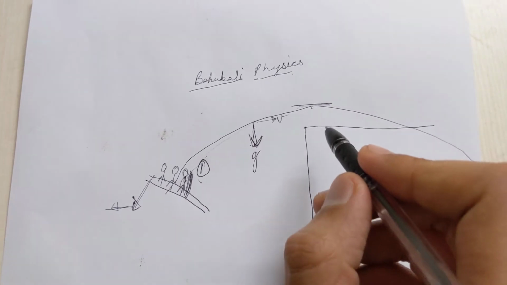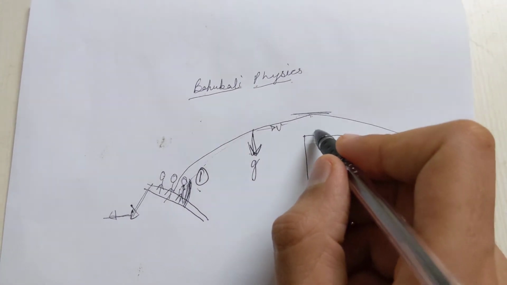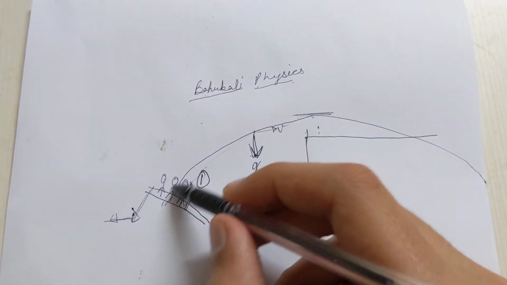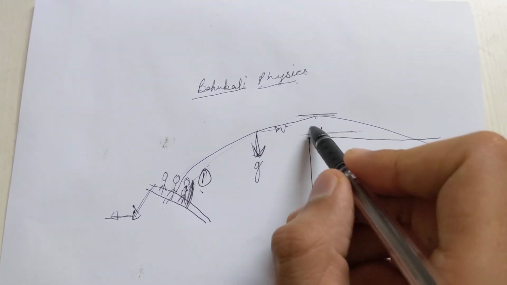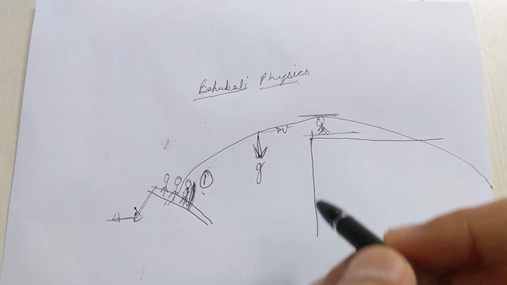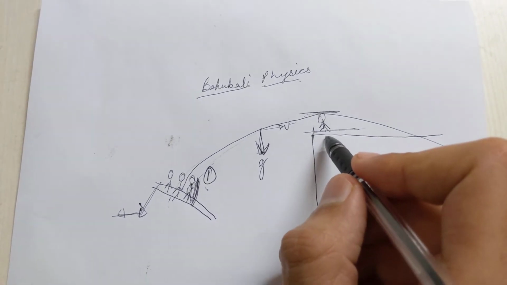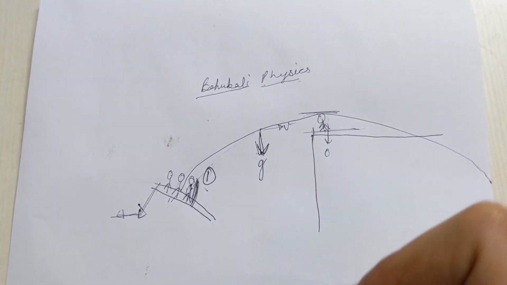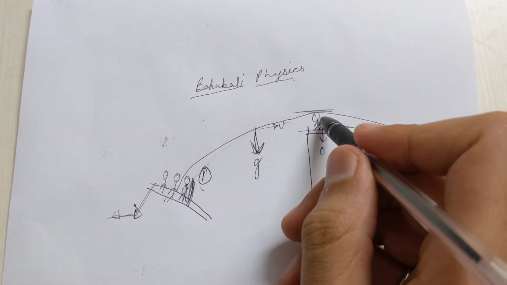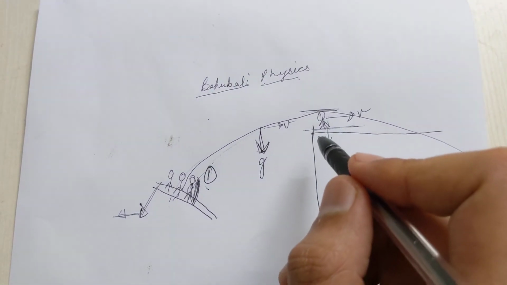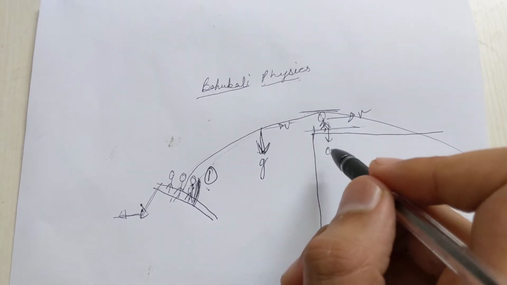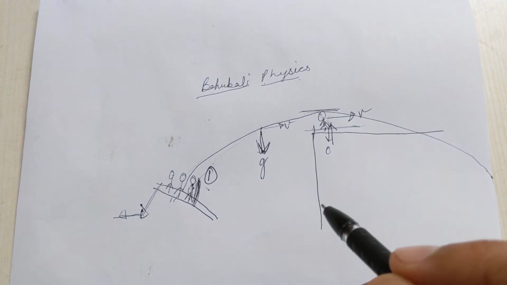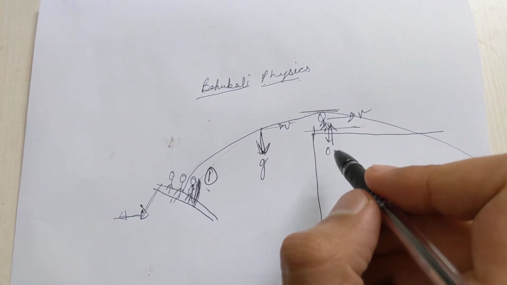So the first thing is, let's say we throw at an angle where they land just at the top of the fort, somewhere here. Then when they land here, the vertical velocity is 0, but they have some horizontal component v. So when they land on the ground, there is no normal force from the ground. So that is one thing in favor.